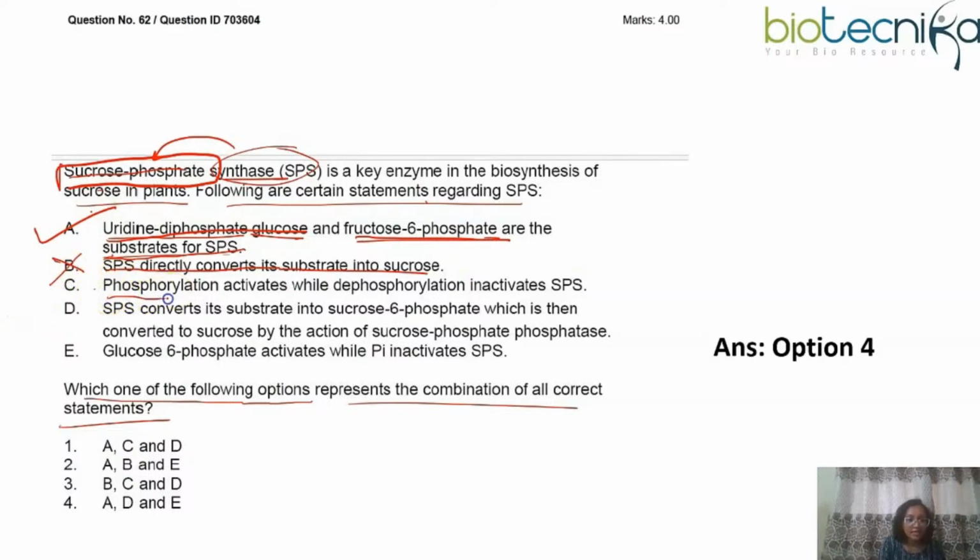Next, phosphorylation activates while dephosphorylation inactivates SPS. This is not true. It's in fact the opposite. Statement C is the opposite of what actually happens. Phosphorylation inactivates SPS, whereas dephosphorylation activates it.